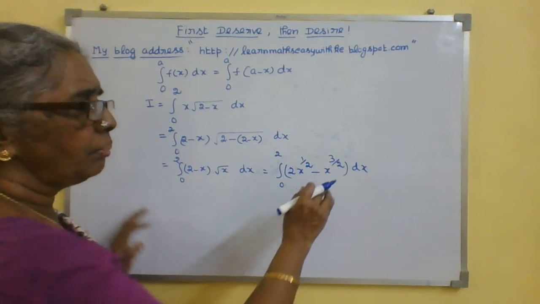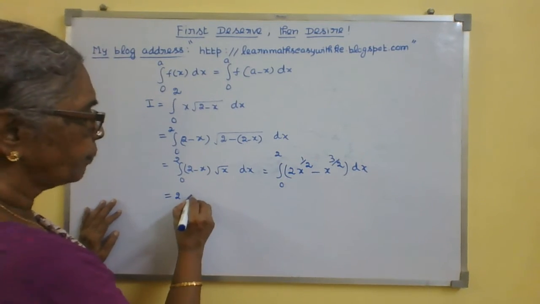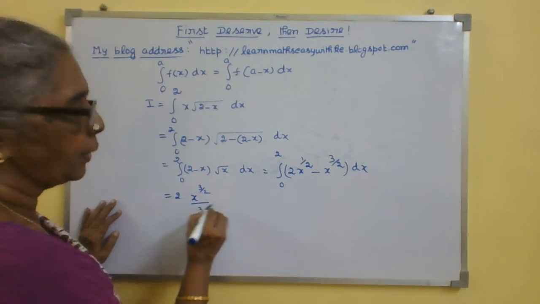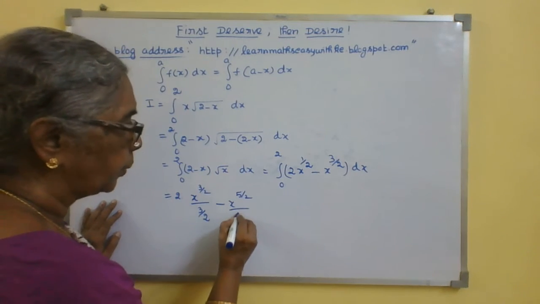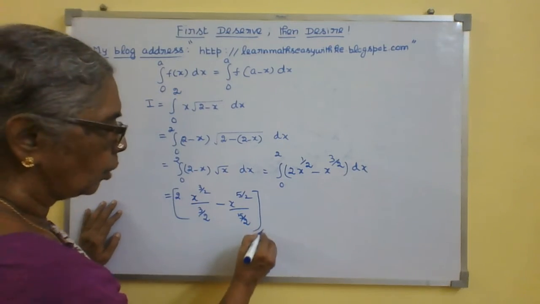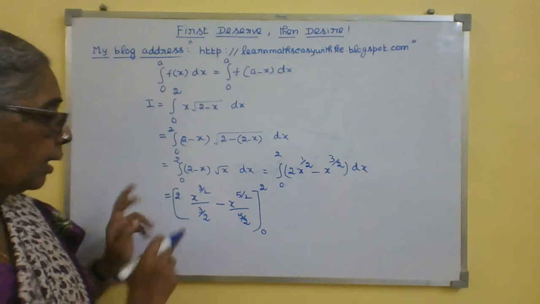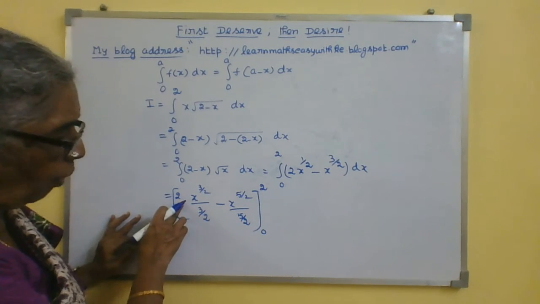Now each term you can integrate separately, so you write the 2 as it is. You will be getting x power 3 by 2 by 3 by 2 minus x power 5 by 2 by 5 by 2, put a square bracket, you will be getting 0 to 2. Okay. Now let us write these parts properly. I will be getting here 4 by 3.